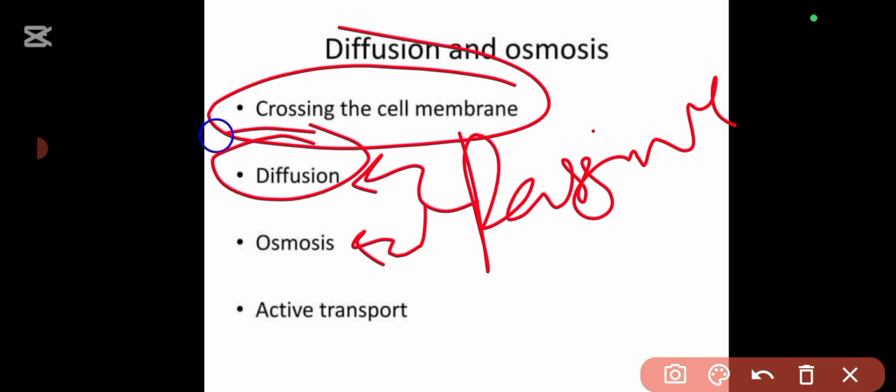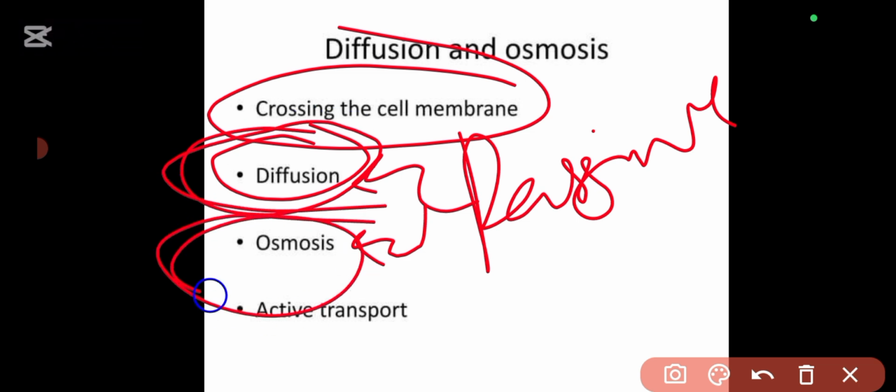Just know that diffusion is defined with respect to solute, not water. But osmosis is defined with respect to water. With osmosis, we are concerned about water moving, but in diffusion, we are concerned about salt, solutes, etc. moving.